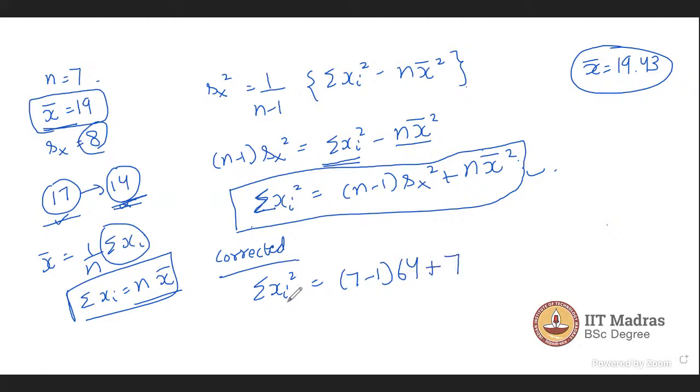In summation xi square I have to remove the wrong one also, right? So 17 square I am adding and 14 square I am removing. And if I am doing this, my new mean will come into play because my mean changes also if I use this observation. So that's 19.43 whole square.